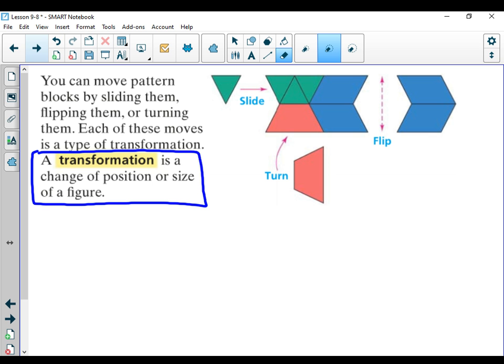Most of these are going to be triangles with a couple parallelograms mixed in. No circles for this.